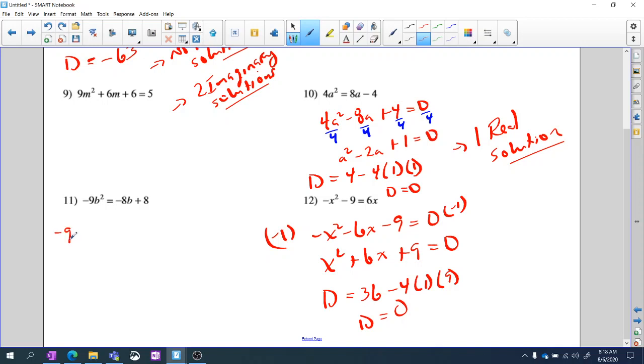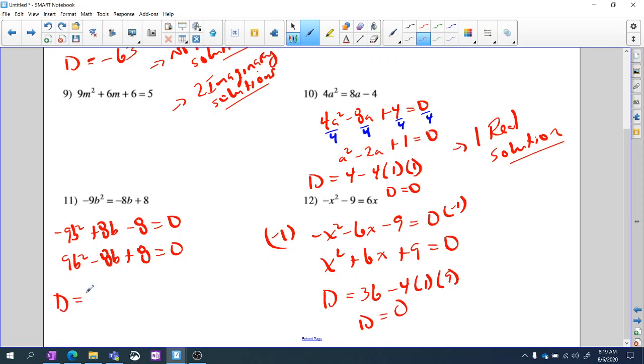Let's go negative 9b squared plus 8b minus 8 equals 0. I don't want a negative there, so I'm going to go 9b squared, take away 8b plus 8 equals 0. Just multiplied everything, both sides of the equation, by a negative 1. And now let's find the discriminant.